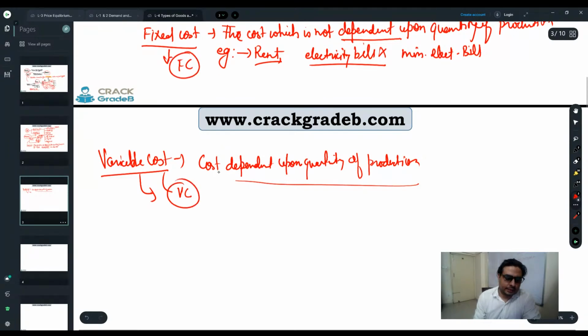Now we have to calculate total cost, and total cost is the sum of fixed cost plus variable cost. In short, we call this TC.